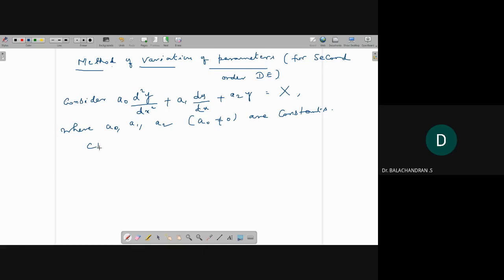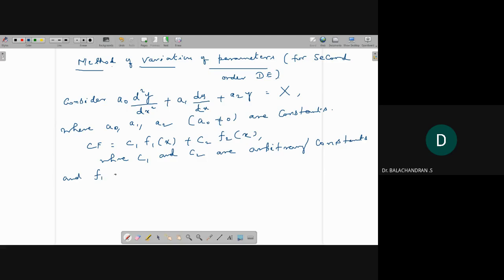So then CF, you know how to find CF: C1 into F1 of x plus C2 into F2 of x, where C1 and C2 are arbitrary constants, and F1 and F2 are functions of x.